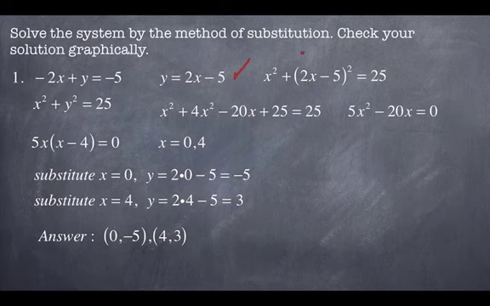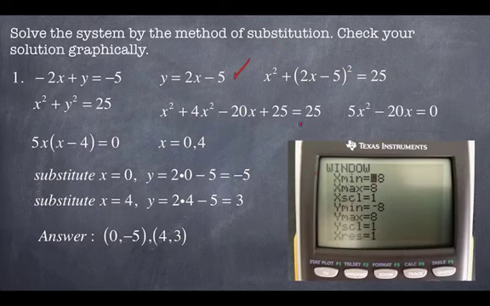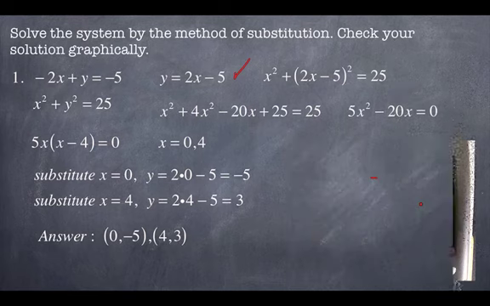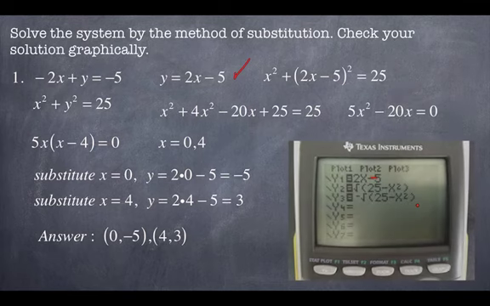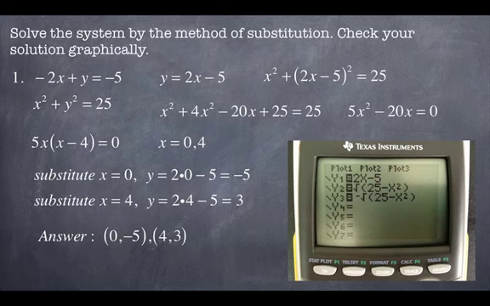Now let's check this using the graphing utility. So this is the window that you want to work with. This is -8. This is your first function. To graph the second function, this circle, you have to actually input two different functions.